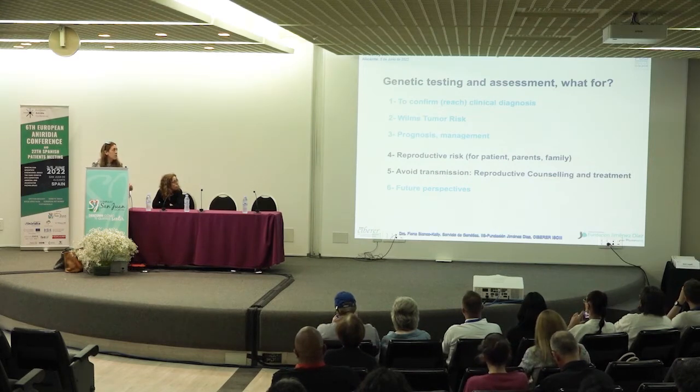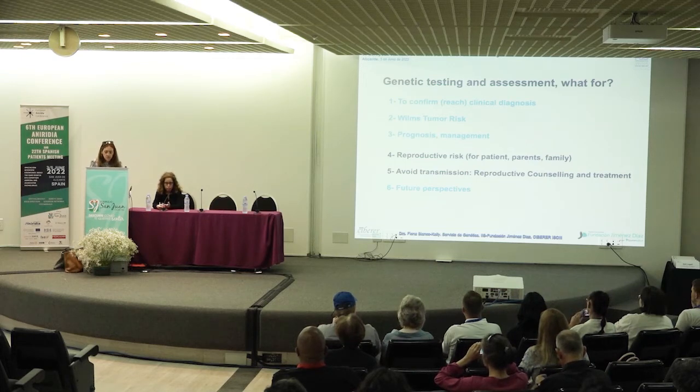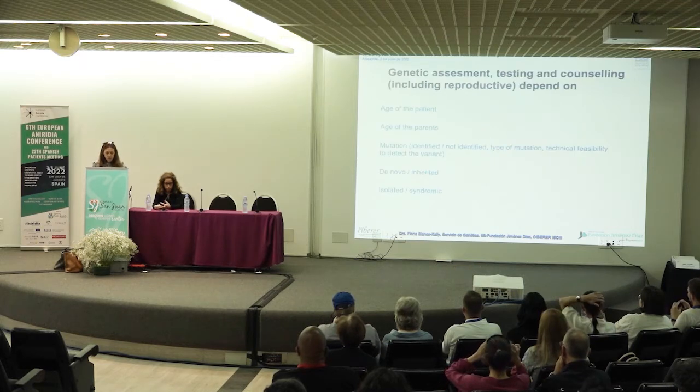Well, this is to confirm the diagnosis. It's basic to know whether there is or not a risk of Wilms tumor, also for prognosis and management. That's very important for patients. And for reproductive risk, to know whether I have a risk of having an affected child again or not, to avoid transmission if I want to do that, and of course for future perspectives and treatments.